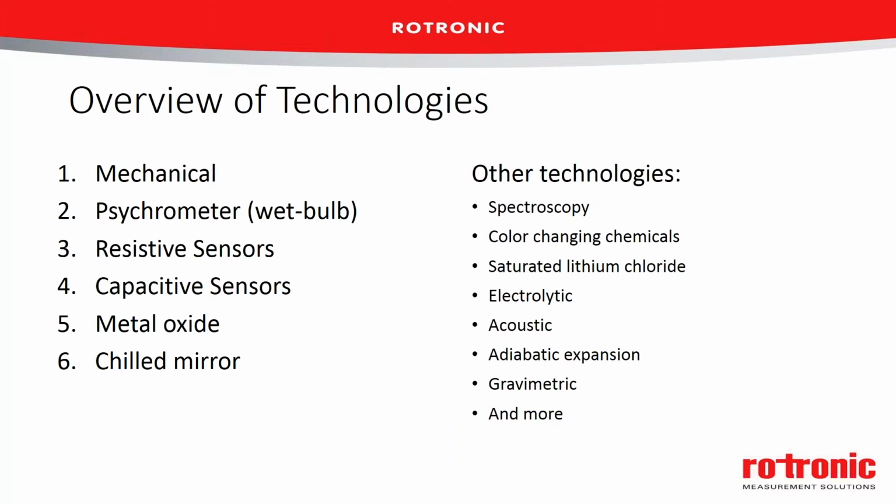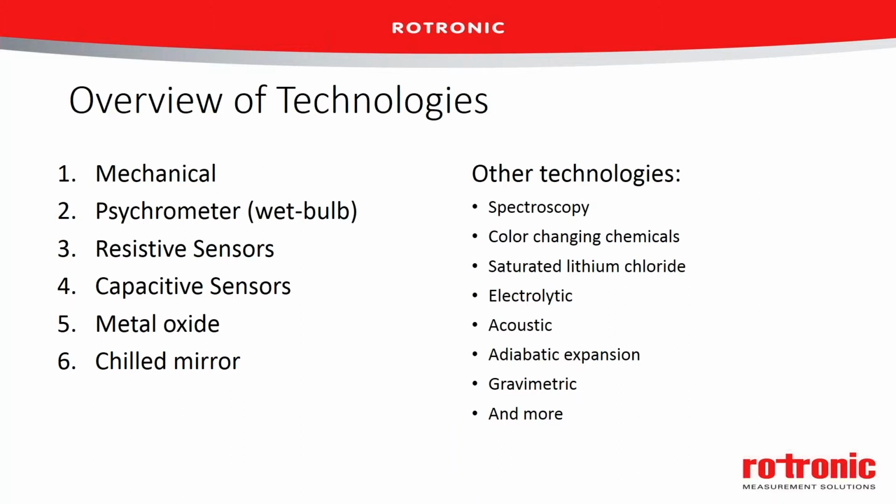There's saturated lithium chloride, there's electrolytic sensors. Gravimetric is actually where you're pulling the water content out of the air and then weighing it to understand how much water content is there.